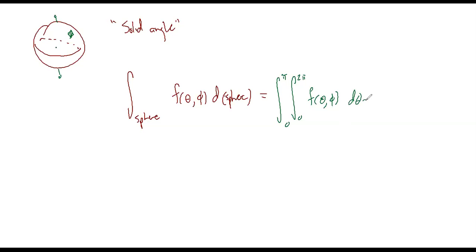Is D sphere just d theta, d phi? You need the scale factors in there as well. Yes, so I need the appropriate scale factors. This is an area. We're actually computing the entire area of the unit sphere.